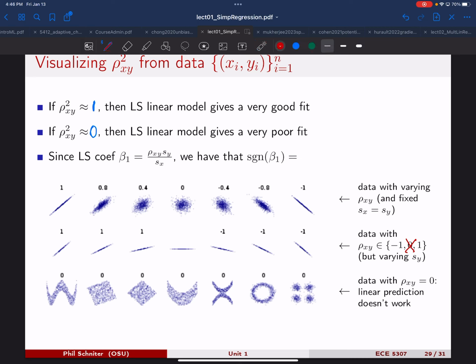Okay, so we can also say something about the sign of the slope coefficient beta 1. It must match the sign of the normalized covariance, or this, the correlation coefficient.